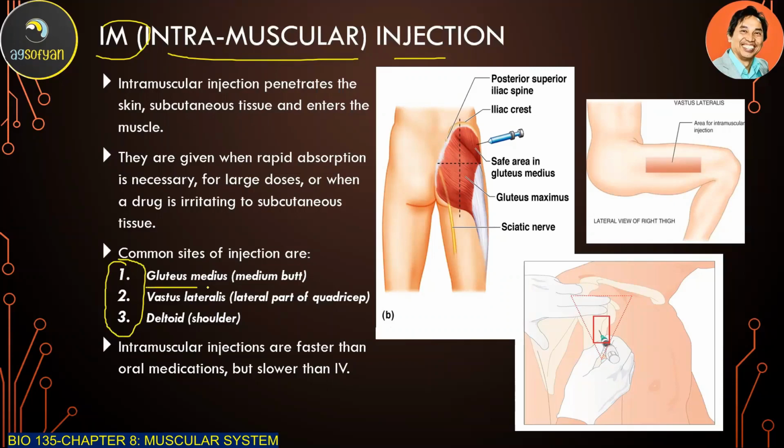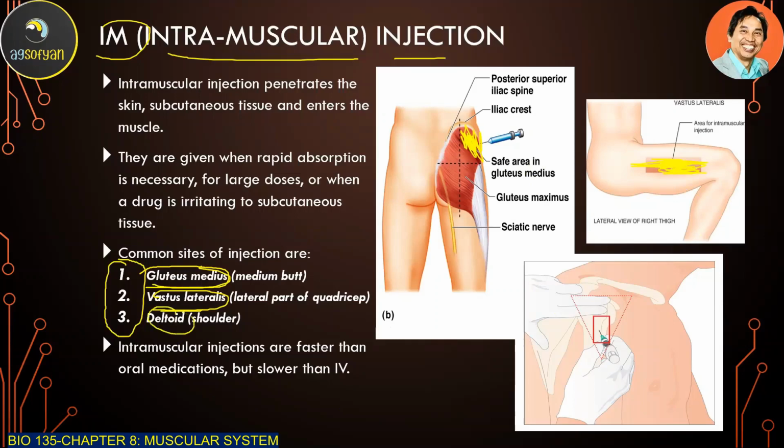The first one is the gluteus medius, which is part of the gluteal muscles over here, the buttock muscle. The second one is the vastus lateralis, which is part of the quadriceps femoris muscle.